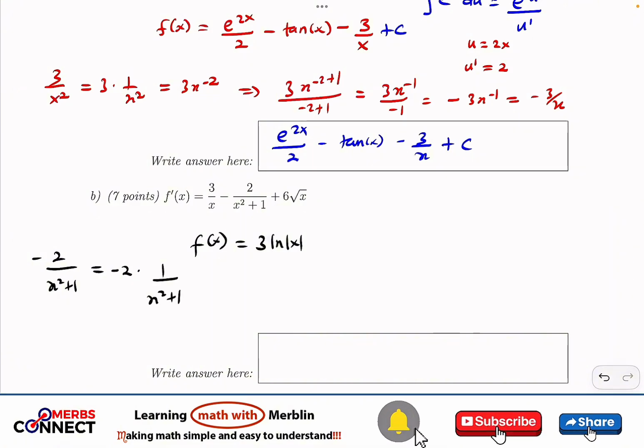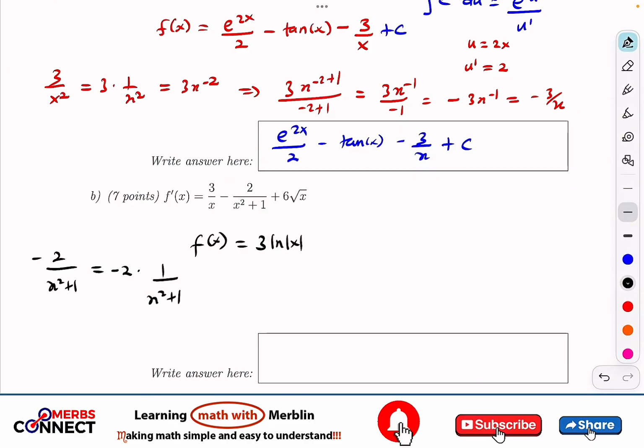Now, what function, when you differentiate, gives you 1 over x squared plus 1? That is the arctangent or the tan inverse. So it means that this is going to give us minus 2 arctangent or tan inverse of x.